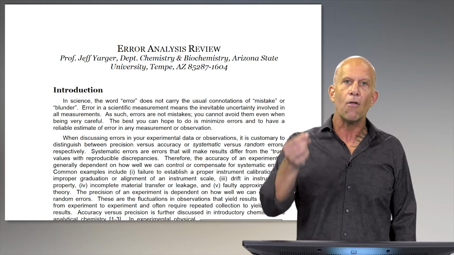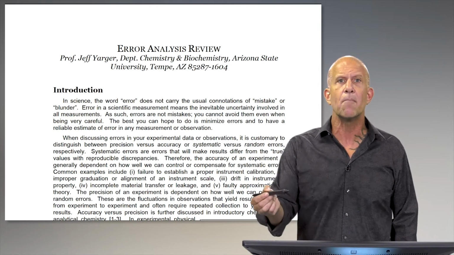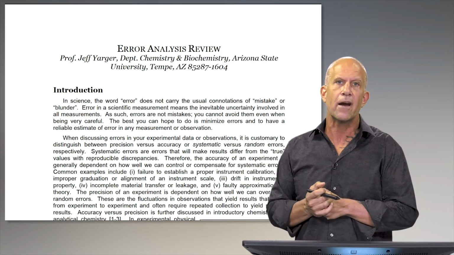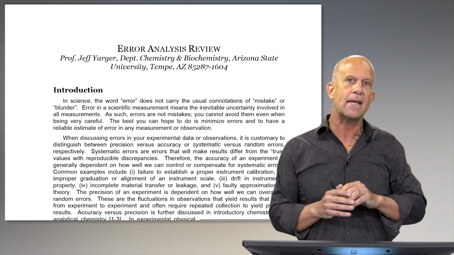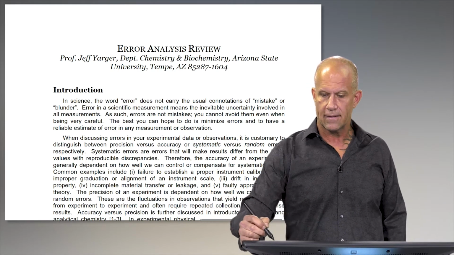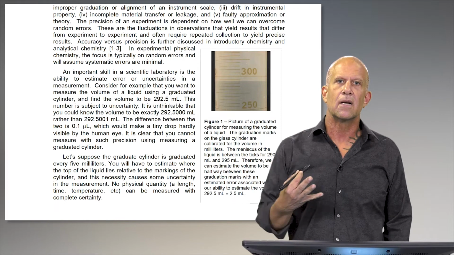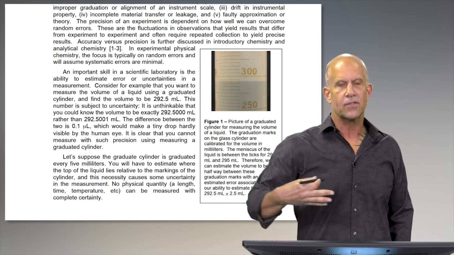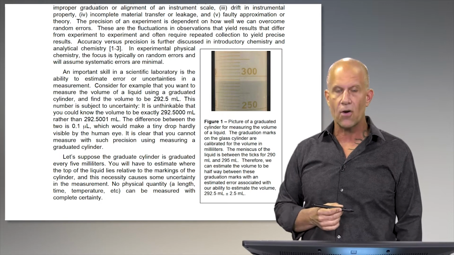You shouldn't be reporting things where you literally made mistakes. But all the experiments you report have an associated error with any numerical value in the lab. There is an inherent associated error, and it can be explicitly or implicitly stated. That's what we're going to look at more explicitly in this course. I give some very basic examples of what you would call a measurement, in this case for volume.